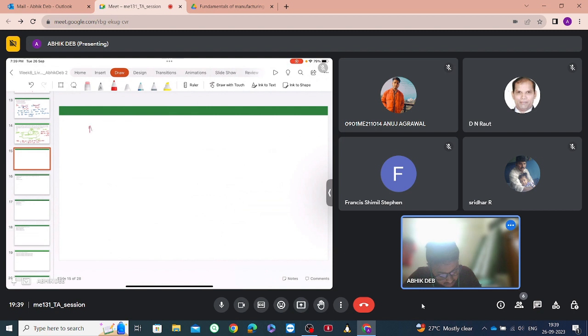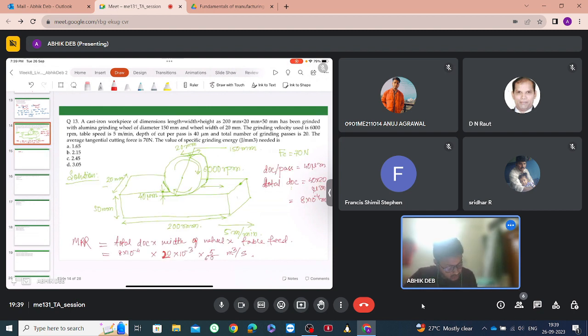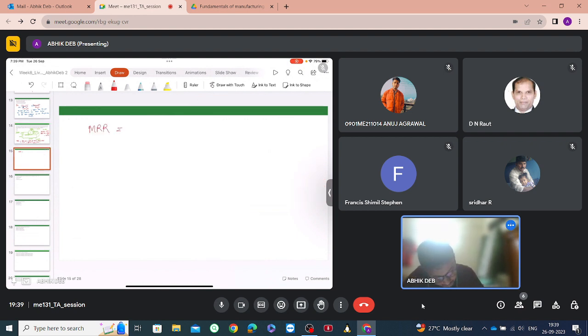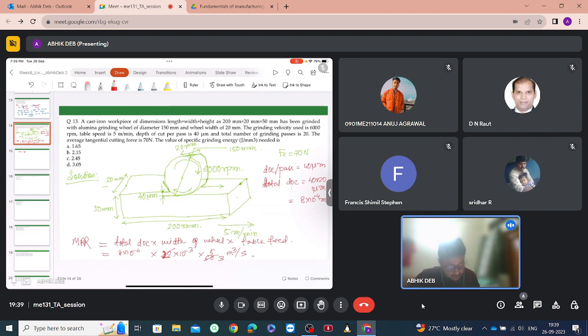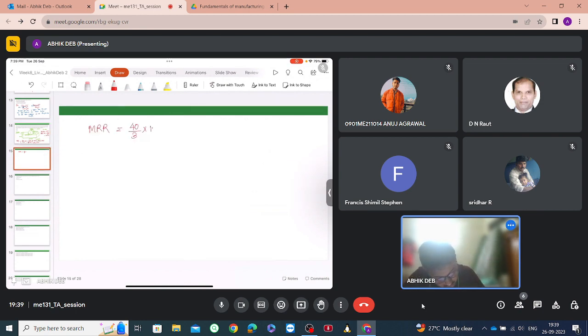So MRR, if we do the calculation, is 8 into 20 into 5 by 60, which is 10 by 3 into 10 to the power minus 7 meter cube per second.